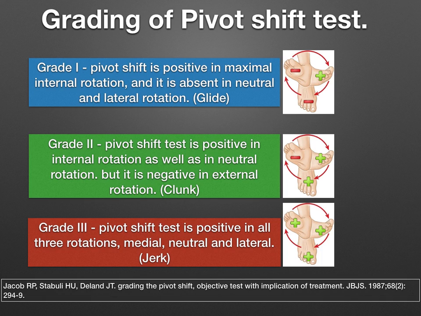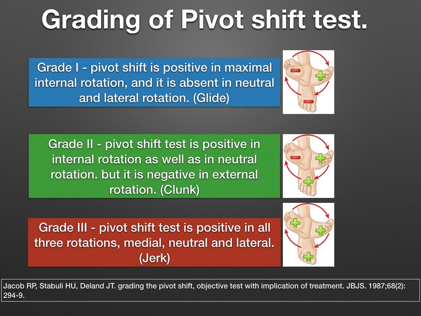Jacobs in 1987 classified and graded this pivot shift test into three grades. They have used the position of the leg and presence of pivot shift to grade into all these three grades.